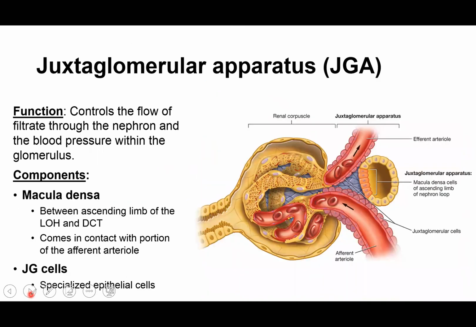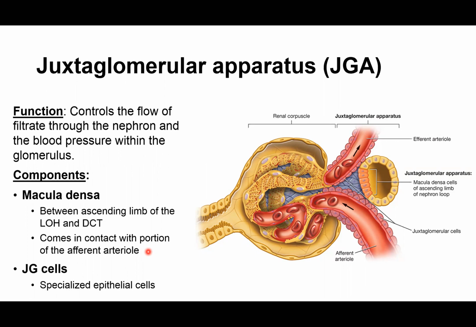All right, I'm going to go back for a second and talk about this thing called the JGA, or the juxtaglomerular apparatus. This goes more with the renal corpuscle, as we were talking about the glomerulus itself, but it also goes with the tubule, because it's this complex sitting in between our corpuscle and our tubules.